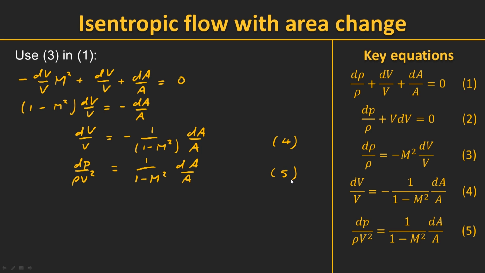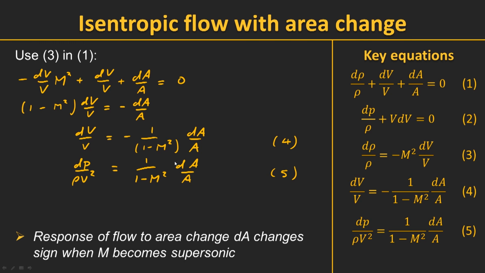And what these are telling us, which is extremely significant, is that the response of the flow in terms of these two variables to a change in area depends on whether this term 1 minus M squared is positive or negative. So this term changes signs when the Mach number is equal to 1.